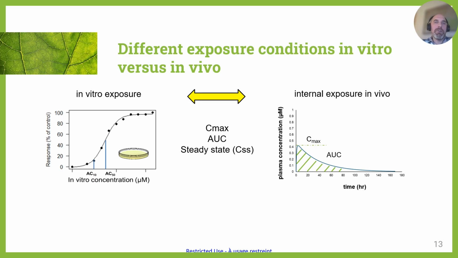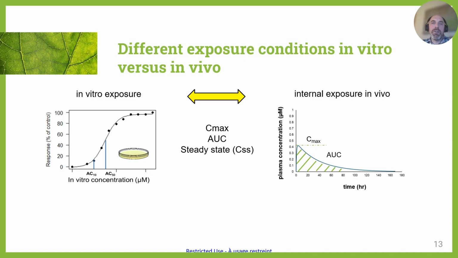A typical outcome of an in vitro study is a concentration response curve, as presented on the left part of this slide. From such data, an effect concentration, such as an EC50 or a benchmark concentration, can be obtained. Such output is to be connected to an internal exposure in the in vivo situation.